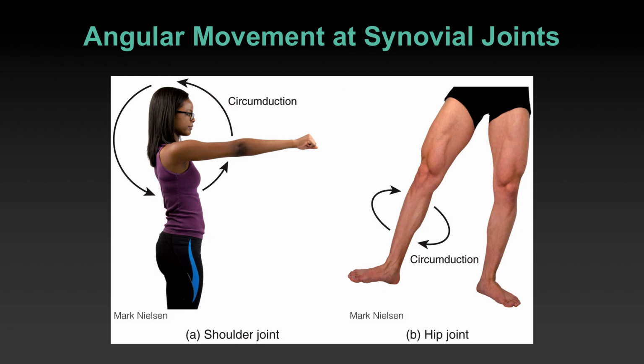Some condyloid joints, which are flattened ball and sockets, will allow circumduction. Sometimes this motion is multiple joints working together. It's usually at the end of a limb, at the end of an appendage, and moving that appendage in a circle, circumduction. Pretty straightforward. One or multiple joints, depending on the location that you're looking at.